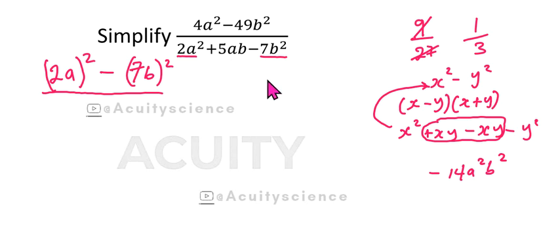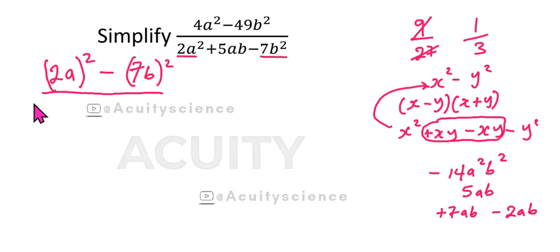And then the sum should be 5ab. Without wasting time, we already know that 7 and 2 will do this for us. But plus 7ab minus 2ab will get this job done. If you add these two, you get the sum of roots. If you multiply these two, you get the product of roots. The negative sign will come from here.